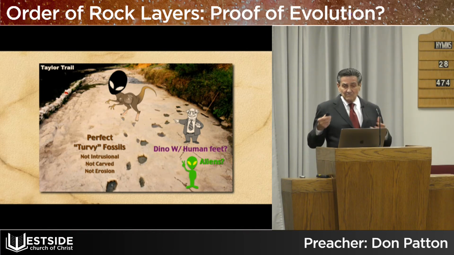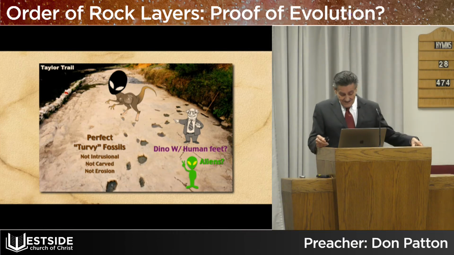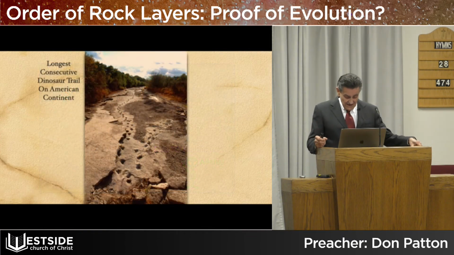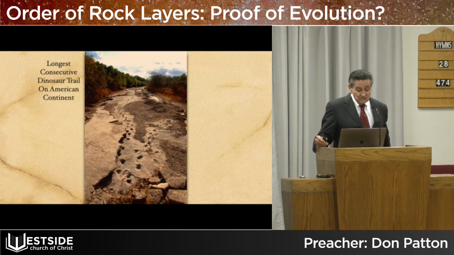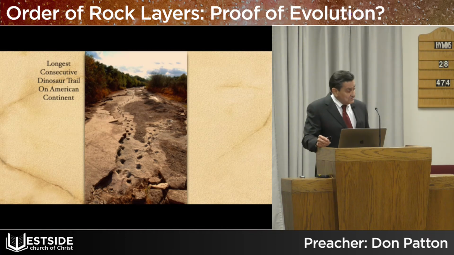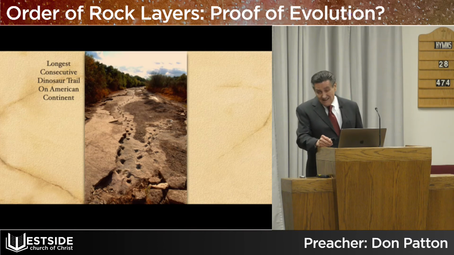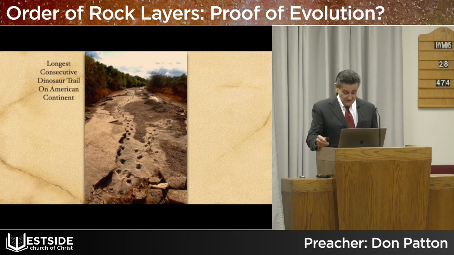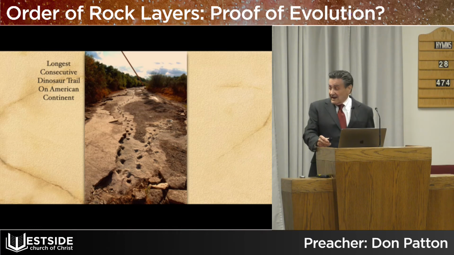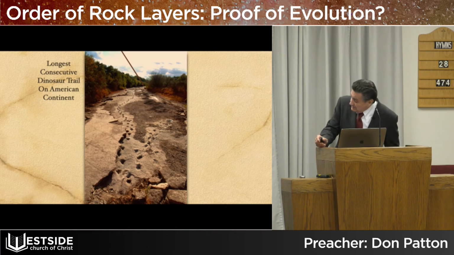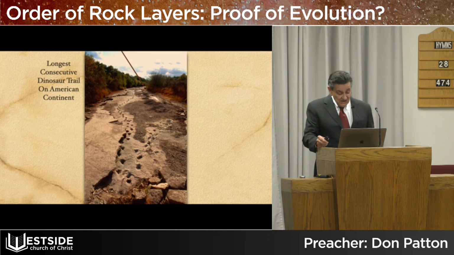14 in a right-left pattern usually is enough, but we continued to excavate the dinosaur trail and extended it to be the longest consecutive dinosaur trail on the American continent, over 500 feet of consecutive dinosaur tracks. The little arrow you see there is pointing to a little bitty fella who's not standing at the end of the trail.